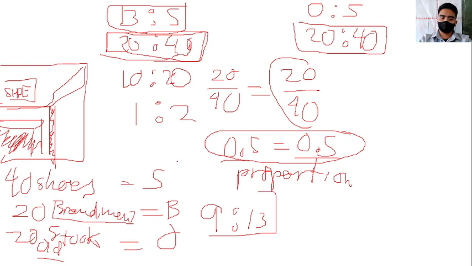This is your first ratio, for example, and your second ratio is 27 is to 39.